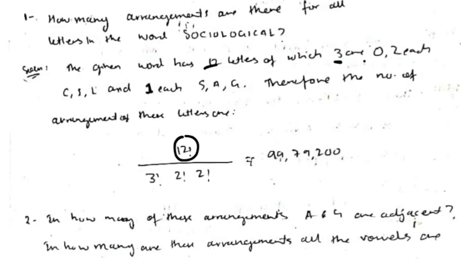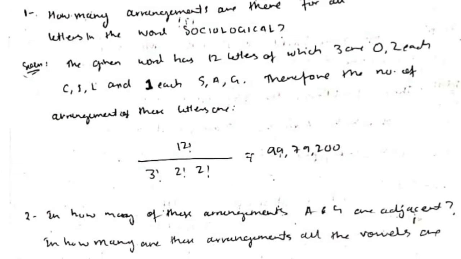Since 3 O's are repeated, we write 3 factorial, and for each of C, S and L we write 2 factorial, 2 factorial, and one more 2 factorial, since C, S and L are all repeated 2 times. Okay, so this is the final answer after calculation.